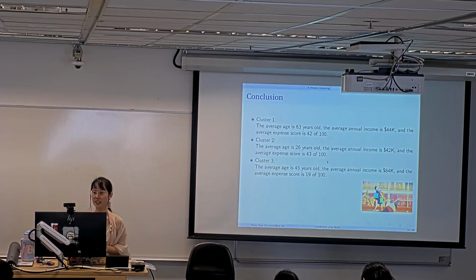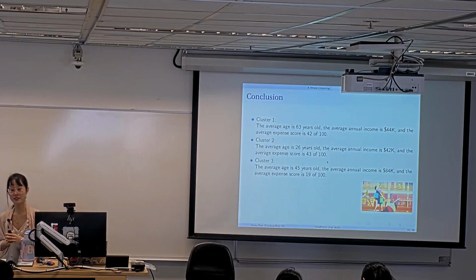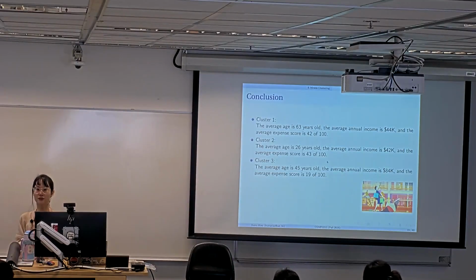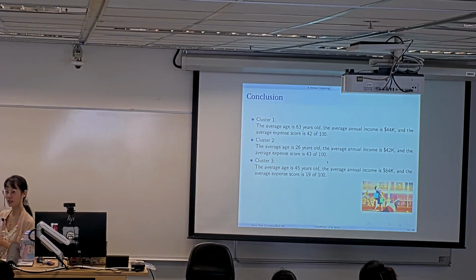All right, so any questions so far regarding this example? Yes, please. Does the final cluster membership change depending on which distance you allow? Yes. So we need to select the distance function. For this example, we just select the Euclidean distance. But if you select some other distance functions, yes, the clustering results will change.